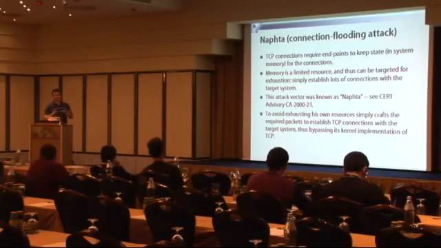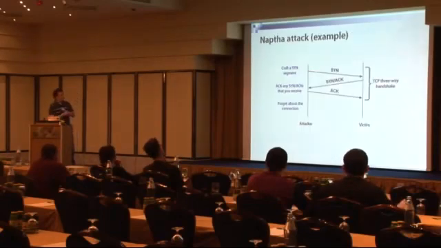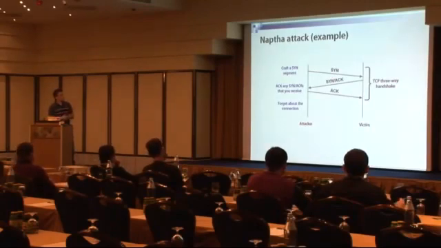So the idea basically is that an attacker will establish lots of TCP connections with the target system, and of course, in order to avoid exhausting his own resources, the attacker will bypass the kernel implementation of TCP and establish the TCP connections by sending crafted packets. This is a very small diagram that tries to show what an attacker would do to exploit this vulnerability.